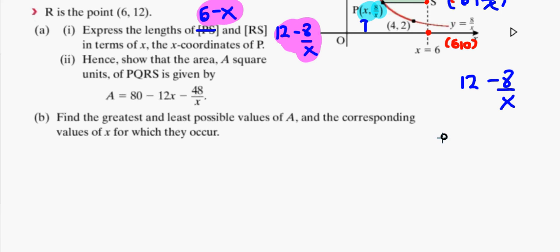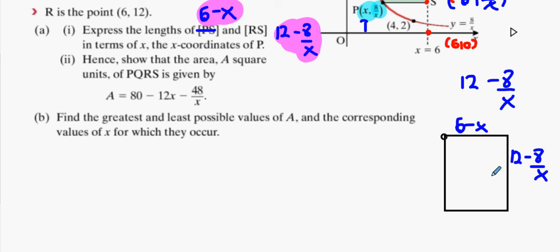We can get the area of the rectangle because we know that the length is 6 minus x and the width is 12 minus 8 over x. And the area is length multiplied by width. So you're going to get 6 minus x multiplied by 12 minus 8 over x.